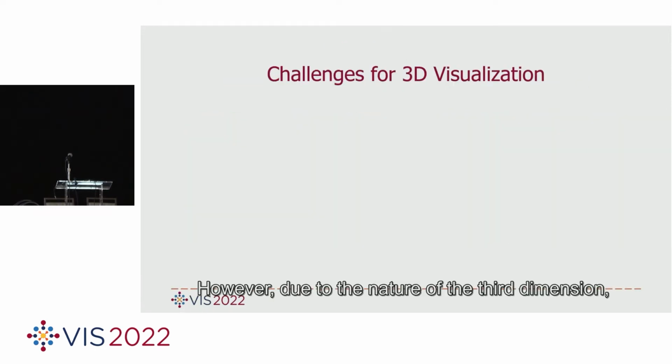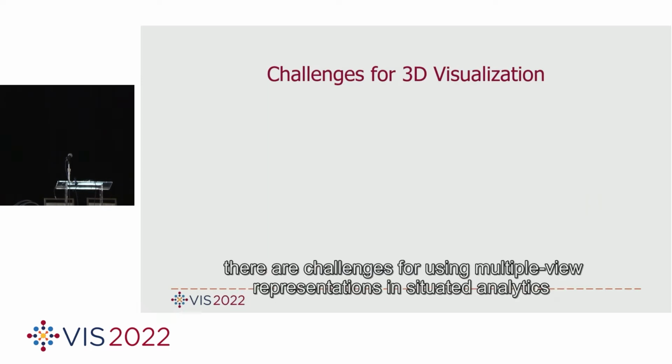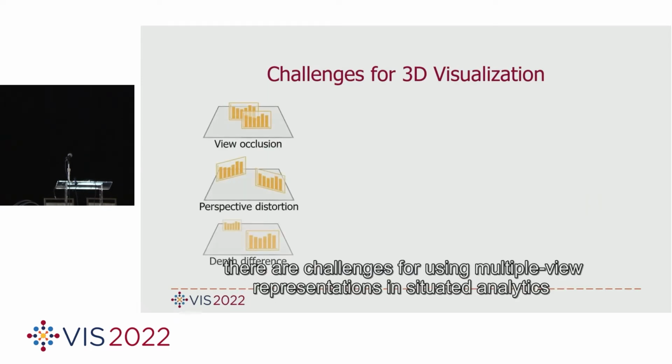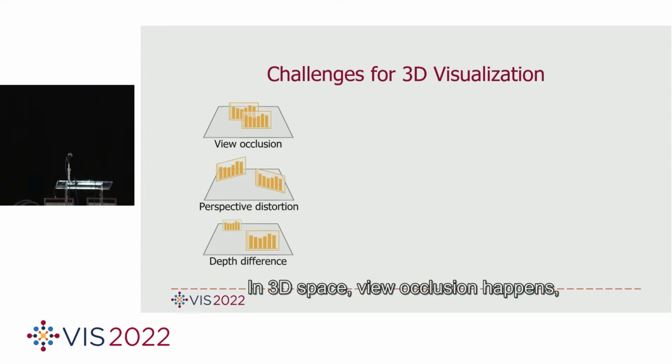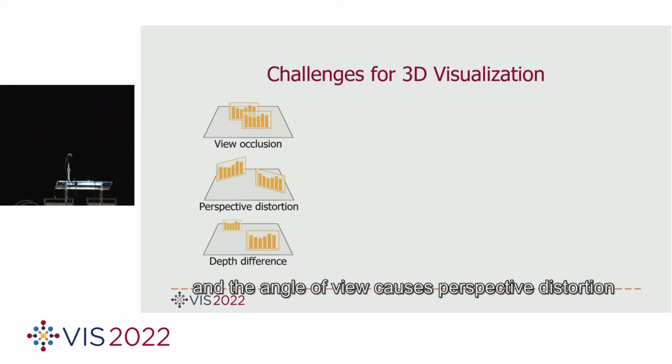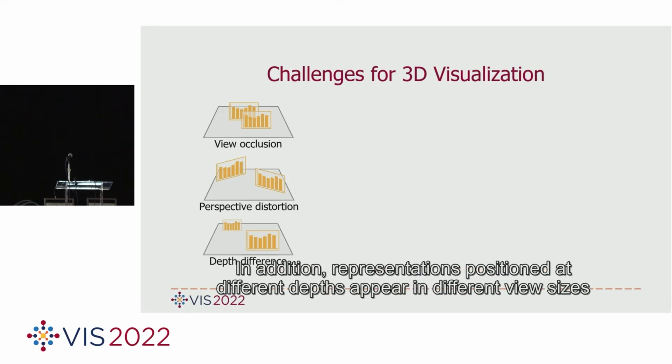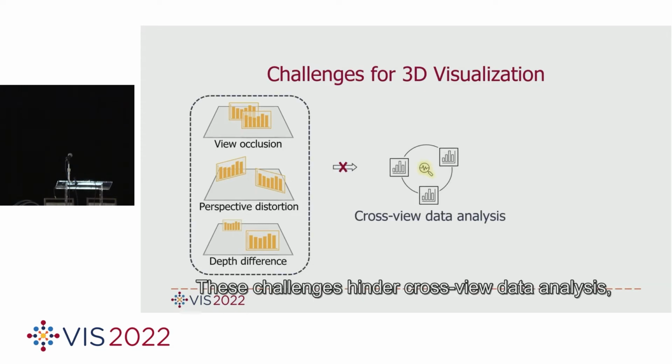However, due to the nature of the third dimension, there are challenges for using multiple view representations in situated analytics. In 3D space, view occlusion happens, and the angle of view causes perspective distortion. In addition, representations positioned at different depths appear in different view sizes. These challenges hinder cross-view data analysis, such as comparing values in different views.